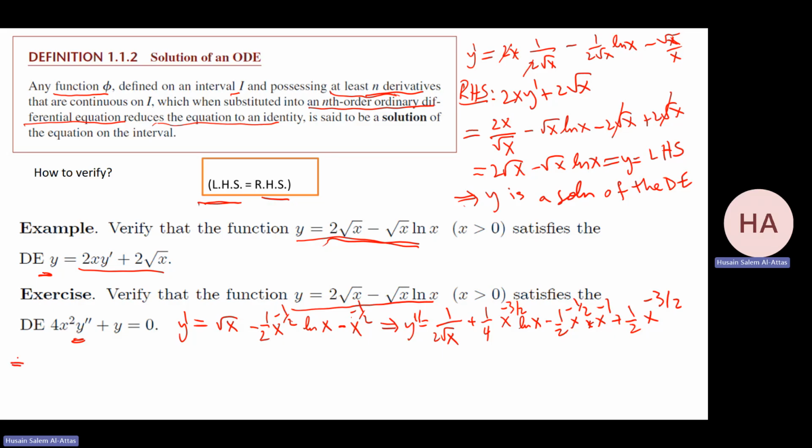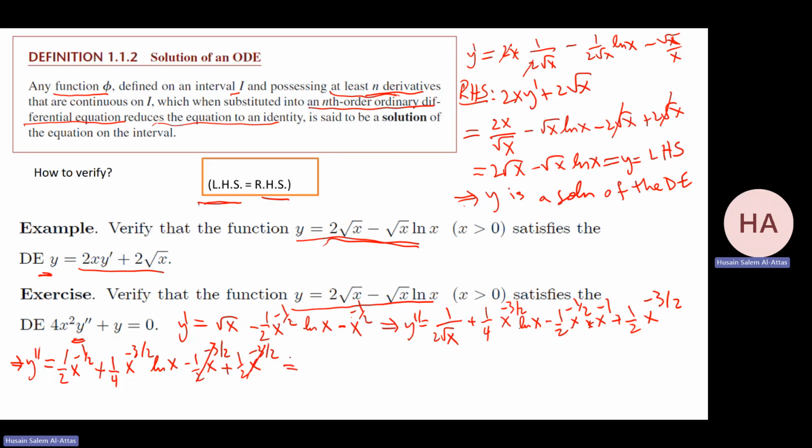So y double prime will be, let me write it as a power, x to the power minus half, plus 1 over 4 x to the minus 3 over 2 ln x, minus half x to the minus 3 over 2, plus half x to the minus 3 over 2, which is cancelled. Okay, that's good.